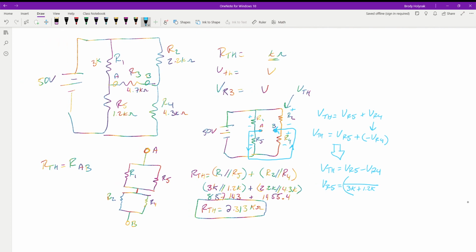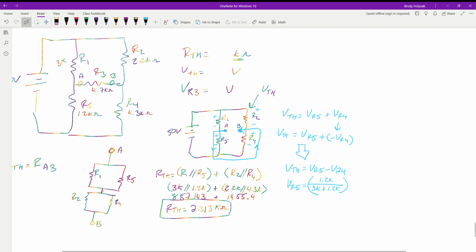So I'm going to take the 1.2K, divide it by those two added together in series, multiplied by my 50. VR4 is going to be equal to the 4.3K over the 4.3K plus the 2.2K, because that's what's in series in this branch, and it has access to the same amount of voltage, so that'll be times 50.